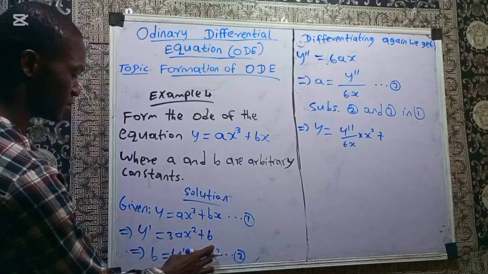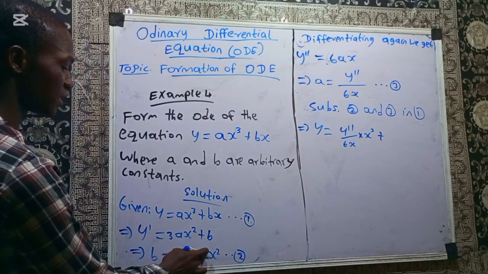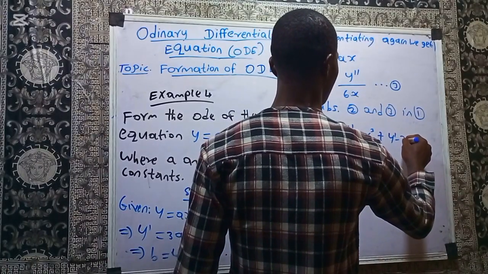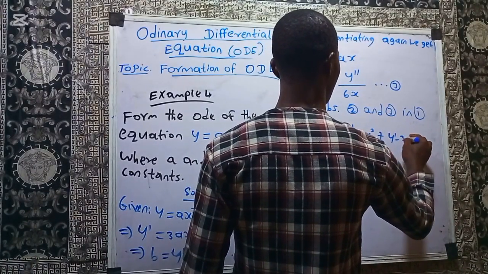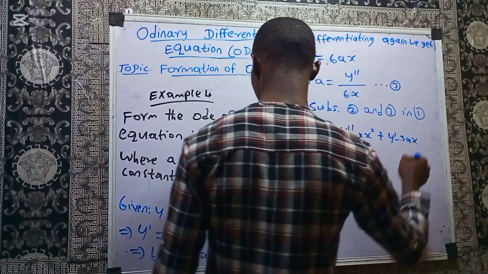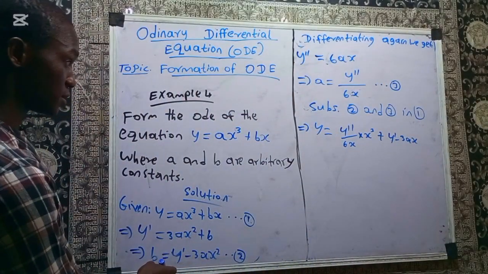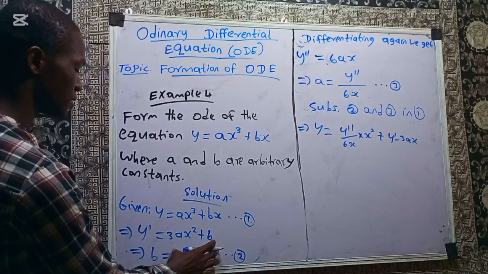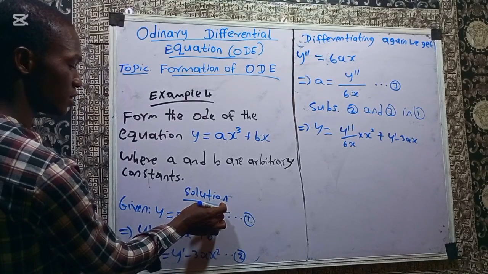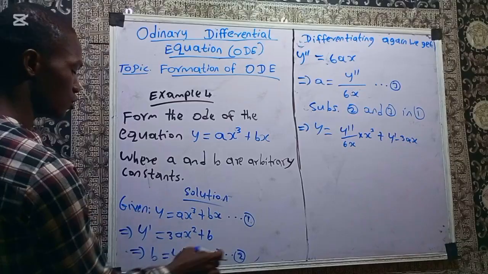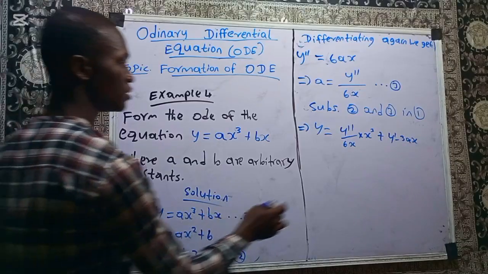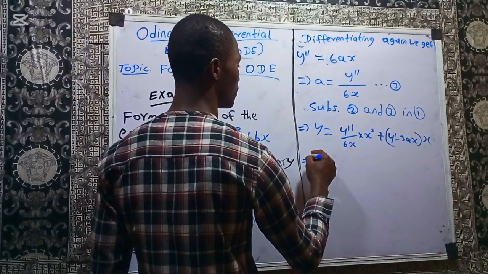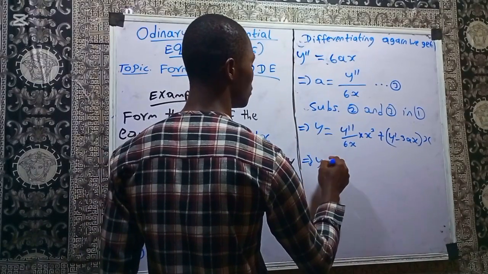My b is this, y prime minus 3ax, multiplying x. I'm putting this expression as my b here, and b is multiplying x. So this expression, which is my b, is multiplying x.